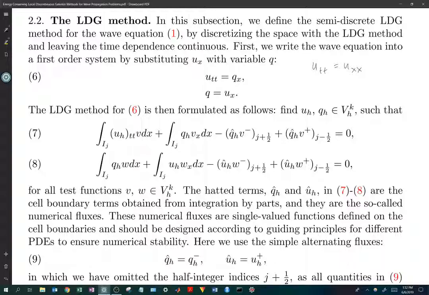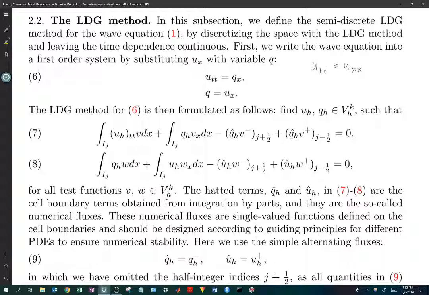And then if we want a finite element way to write this, we multiply these equations by a test function v, and then integrate over the space dimension, and then use integration by parts on one of the terms.